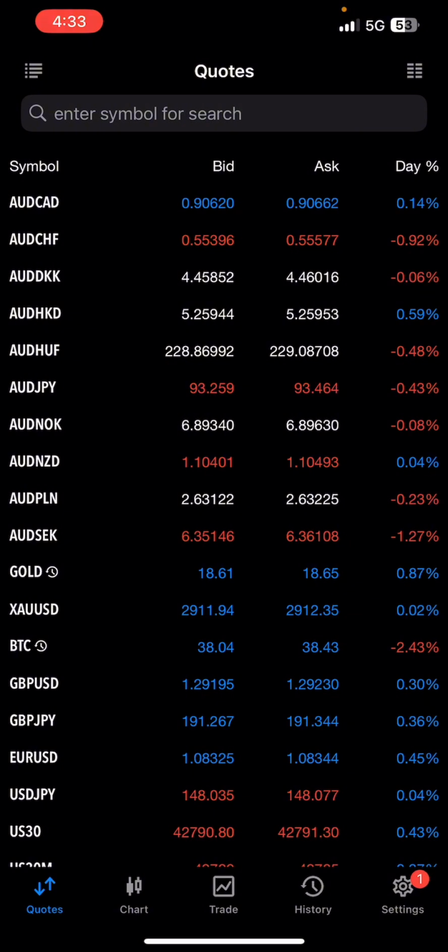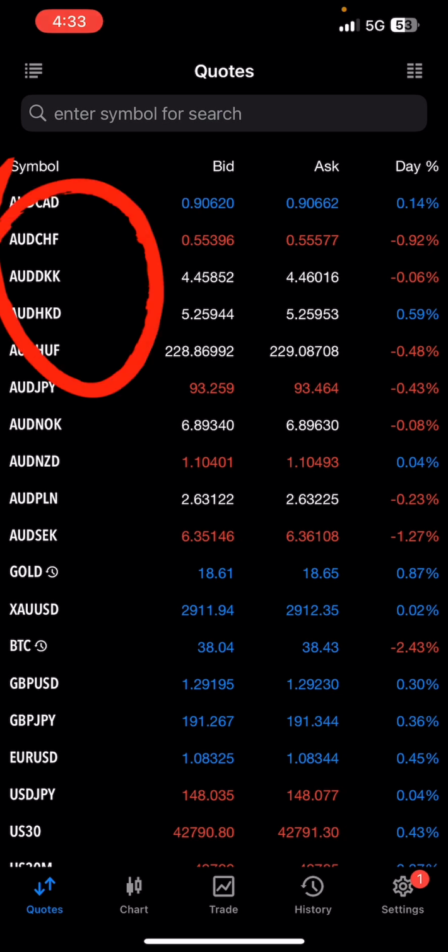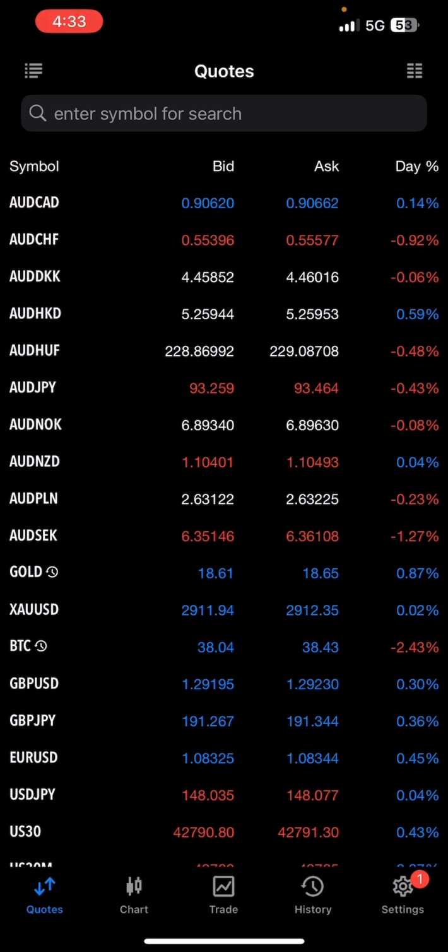So here we already know that all these symbols represent the country and the currency. There are usually two. The second one is AUDCHF. So they're basically two currencies, like the first one, Australian dollar and Canadian dollar, because they're basically pairs.